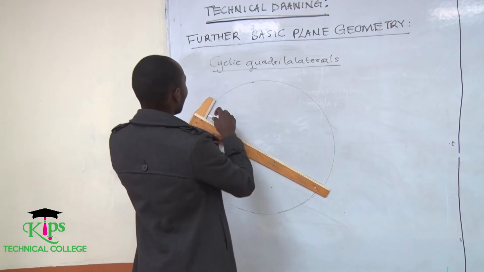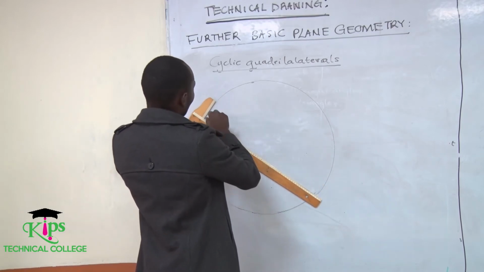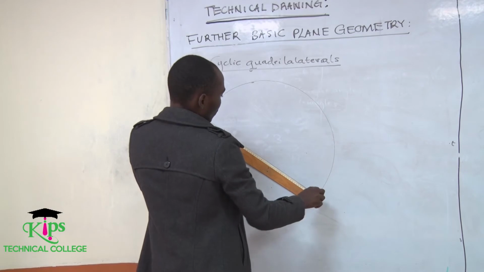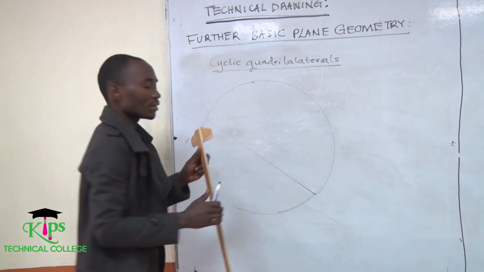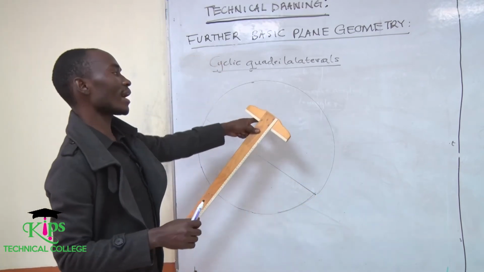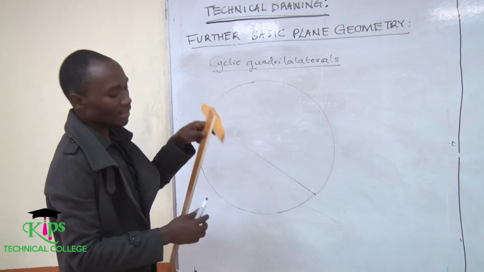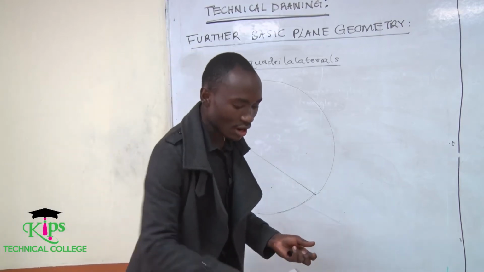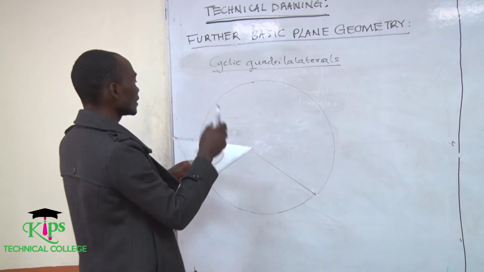I may decide to divide it like this. So again, all the triangles which will lie in between this circle will be 90 degrees in nature.